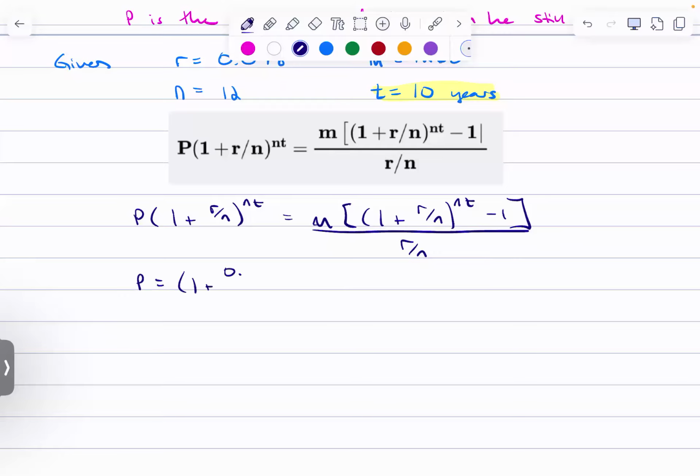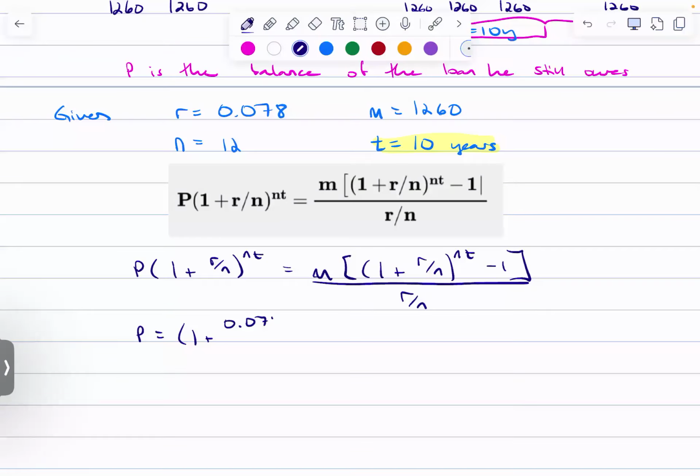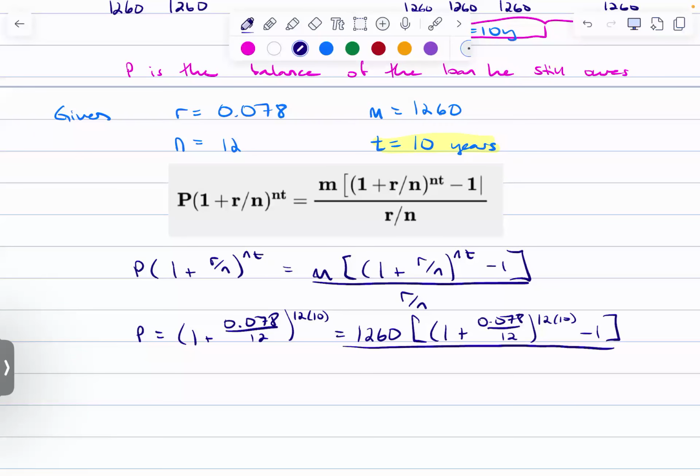So P times (1 plus 0.078 divided by 12) to the power of 12 times 10 is 1260 times ((1 plus 0.078 divided by 12) to the power of 12 times 10 minus 1), divided by 0.078 divided by 12.